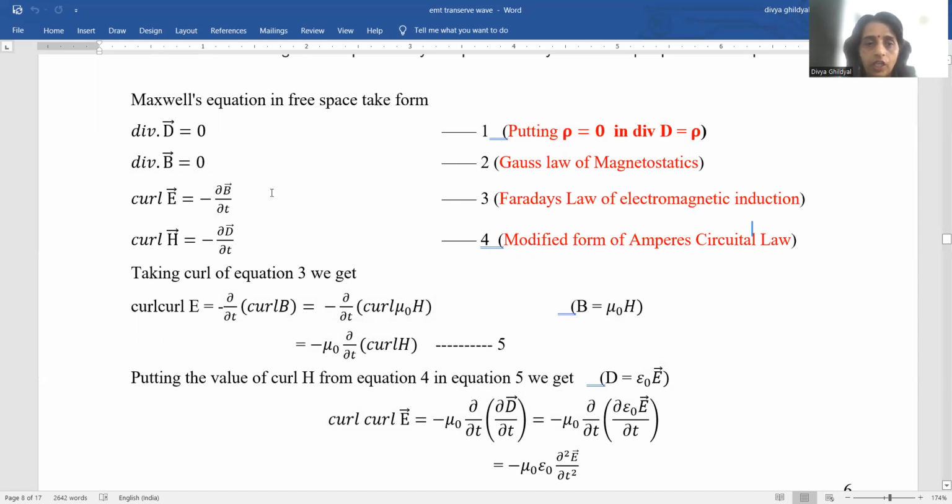Taking curl of equation 3. Equation 3 was what? Faraday's law of electromagnetic induction.